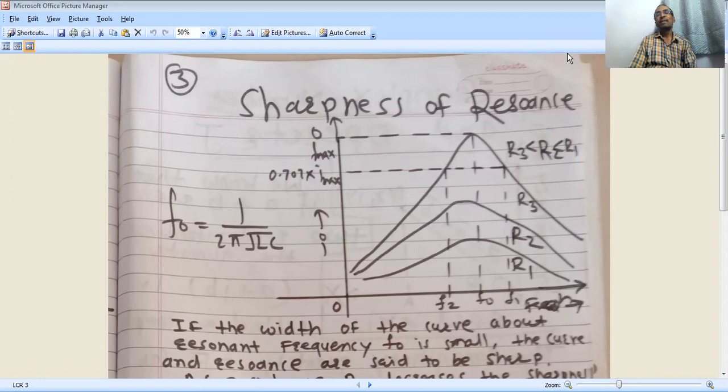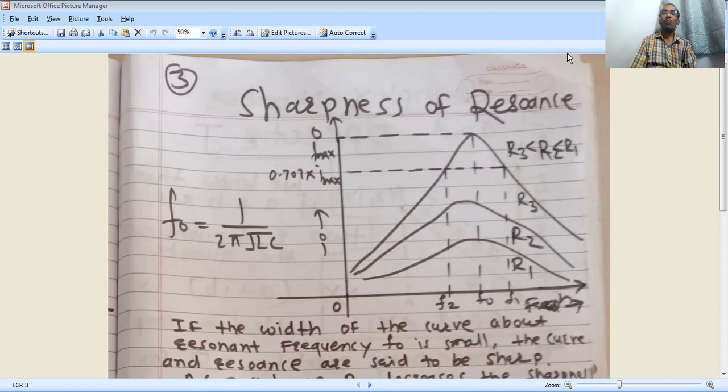Next, R1 is replaced by R2, and again the series LCR circuit is tested for this resistance R2 equal to, let us suppose, 100 ohm. Next, let us suppose R3, where we replace R2 by R3, and the circuit is tested for R3 equal to, let us suppose, 10 ohm.